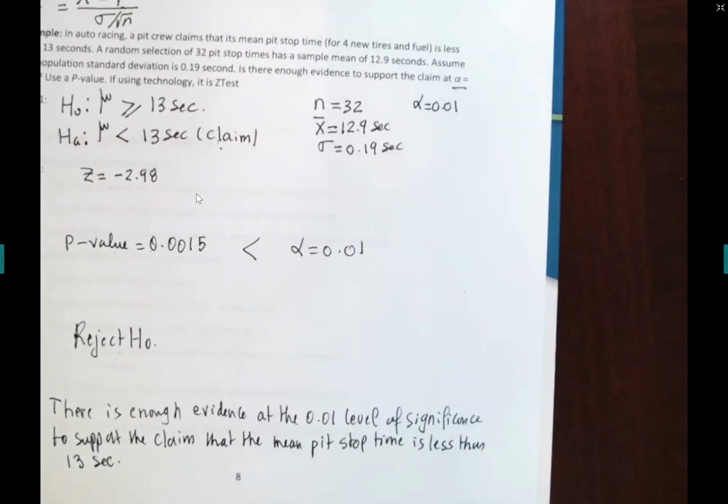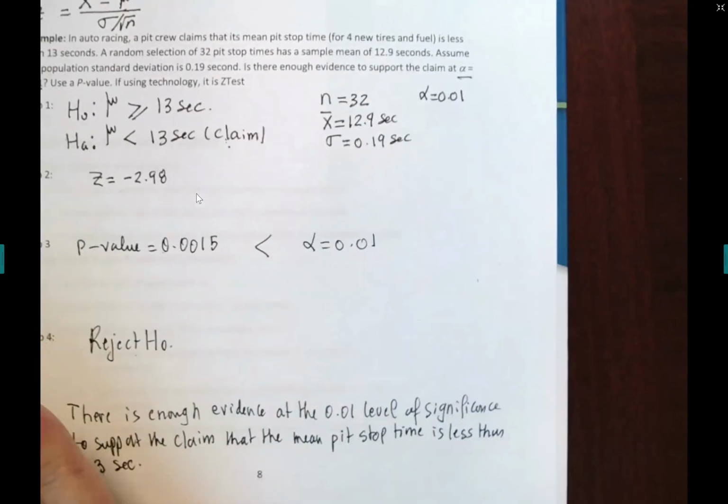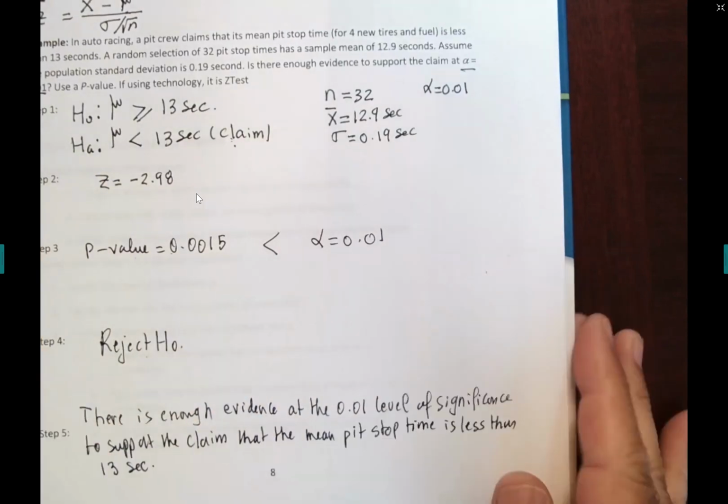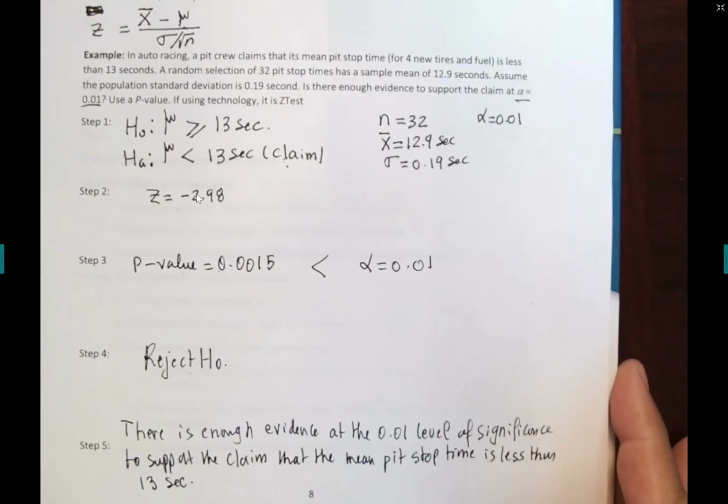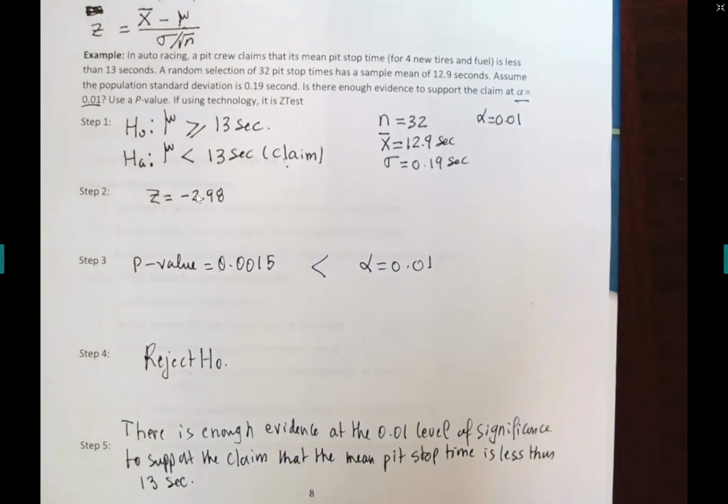Is this good news for the pit crew guys or not good news? What do you think? Does this market them well, you know, with this exercise, or we're saying that they're not efficient? Any ideas, guys? We're saying we're supporting the claim of the pit crew. That means we are saying that what they're claiming is correct.